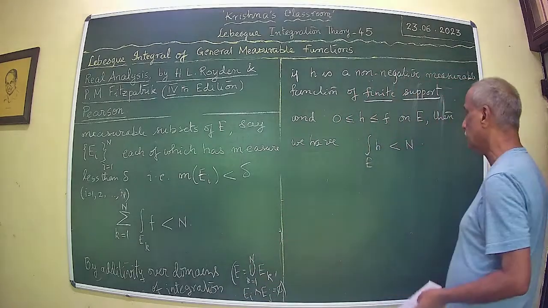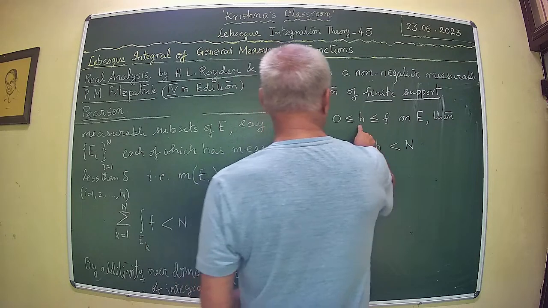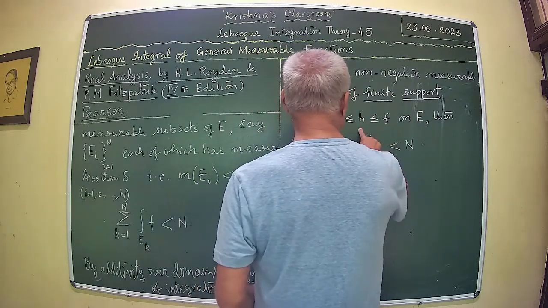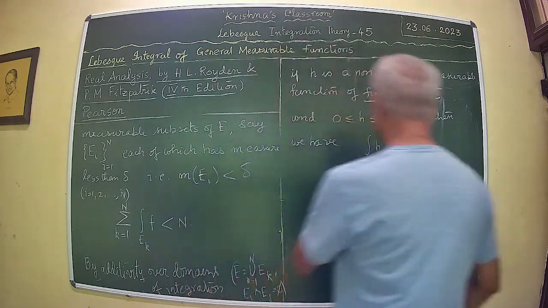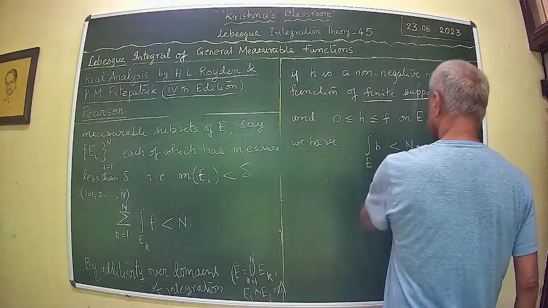less than n, and therefore you see that the integral is approximated by this, and f is integrable because this is so.